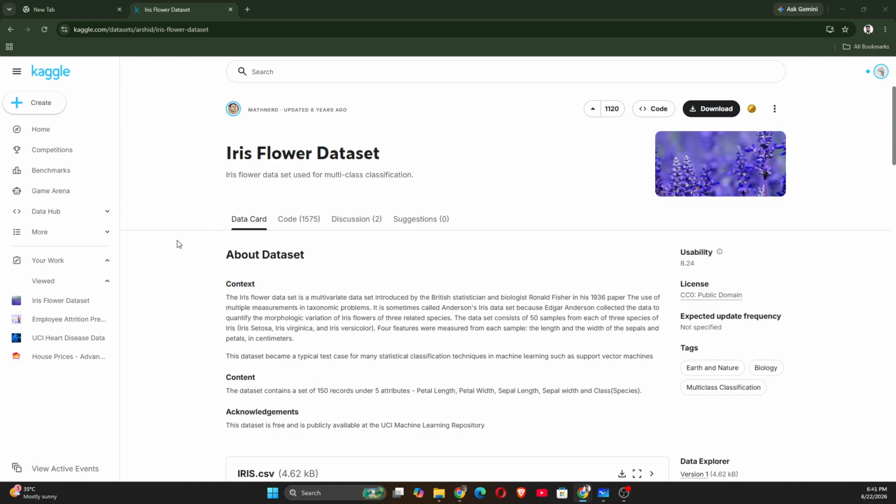If I have to define this project in one line, it will be: iris flower classification is a supervised machine learning multi-class classification problem where the model predicts the species of an iris flower, Setosa, Versicolor or Virginica, using sepal and petal measurements.